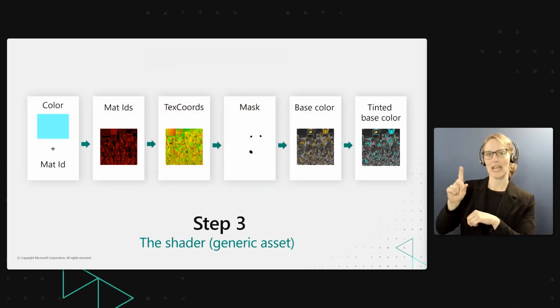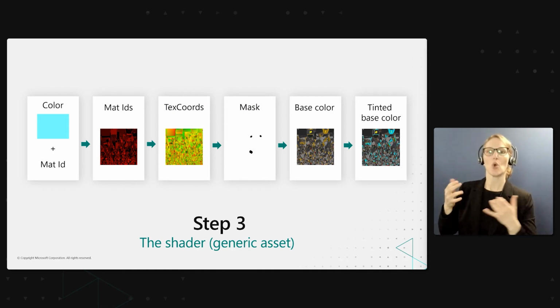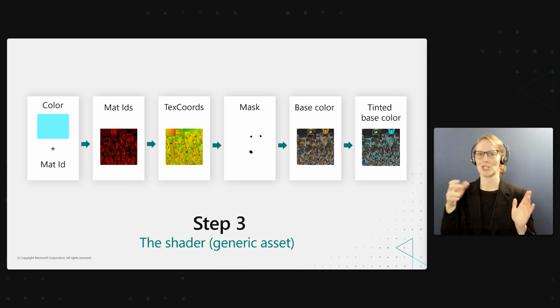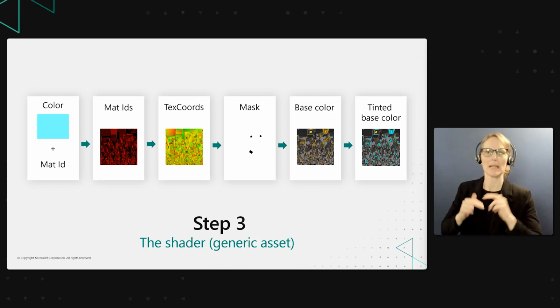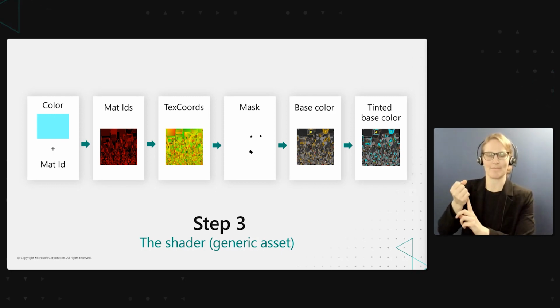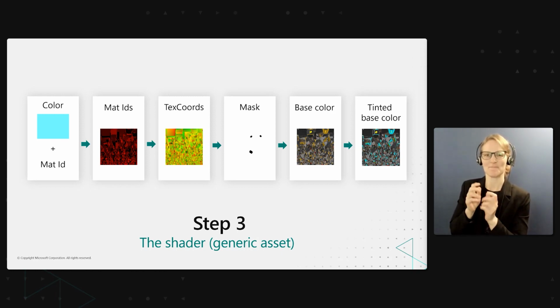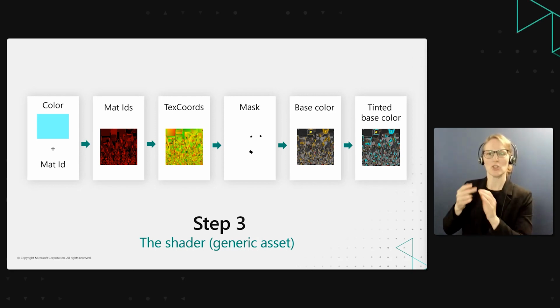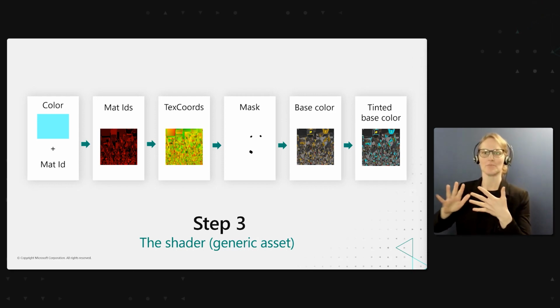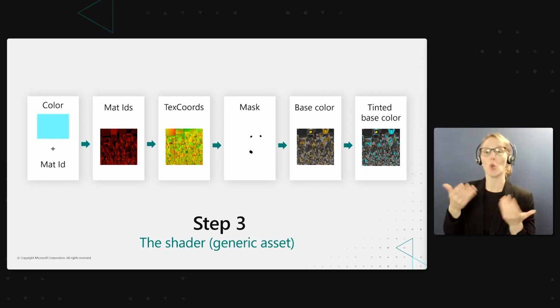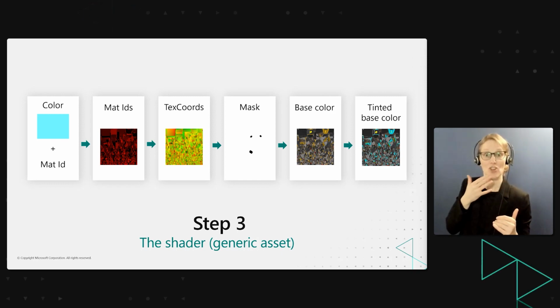Now, as I said, this was a generic asset, which was not built for this specific case, which means that we have to do a little more intricate shader in order to be able to modify the color, which is what we chose to do in our example. So what you have here is first a color coming in and a material ID.